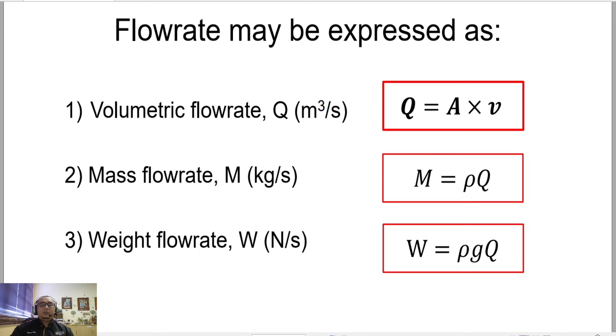Okay, M is equal to rho Q. So meaning that rho kita darabkan dengan volumetric flow rate Q. And the third one is weight flow rate, which is W is equal to rho g darabkan dengan Q. Okay, so dia punya simbol adalah W and dia punya unit adalah Newton per second.